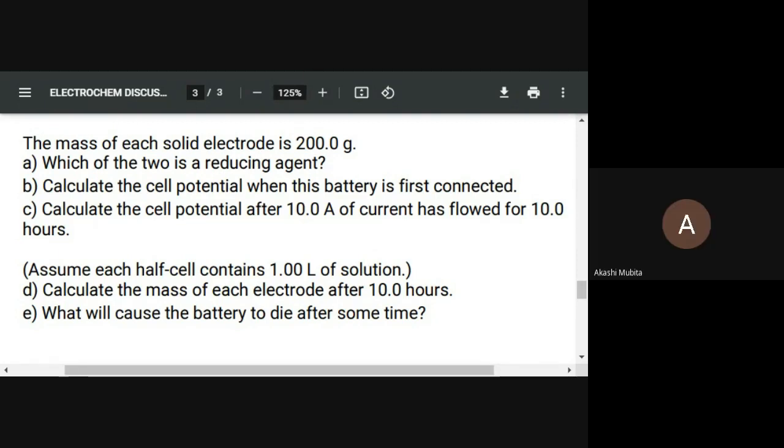Okay, let's do this. If somebody has failed to find the cell potential, let's have someone who's going to calculate the masses on D. Which question are we on? We are supposed to have C, the 10 amps current to calculate the cell potential. We can't jump because you cannot manage to find D if you don't find C. Calculate the mass of each electrode.